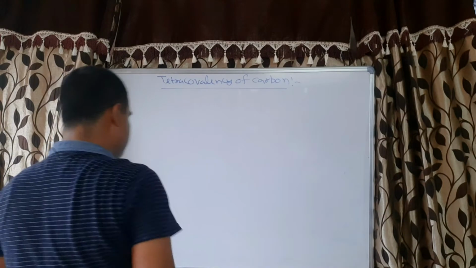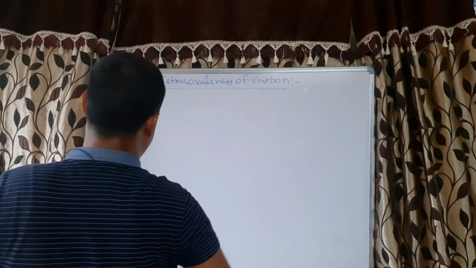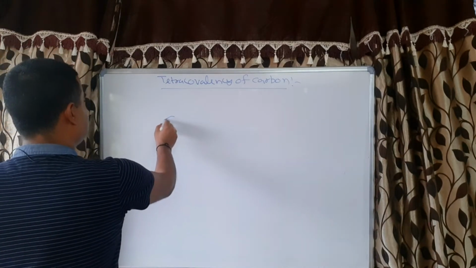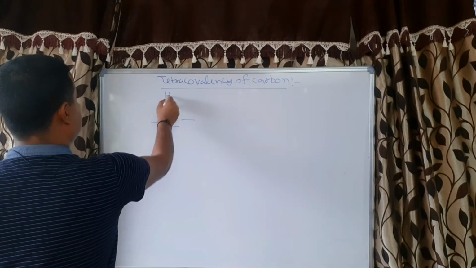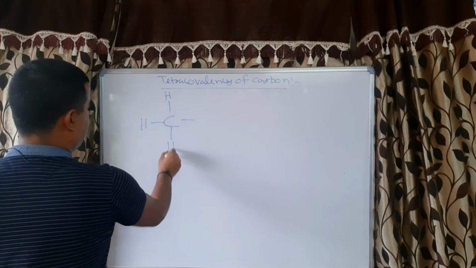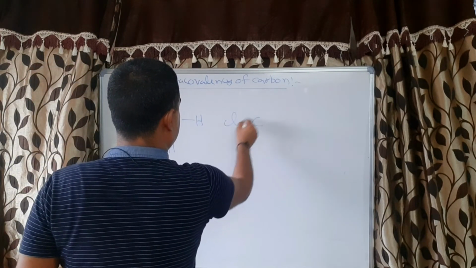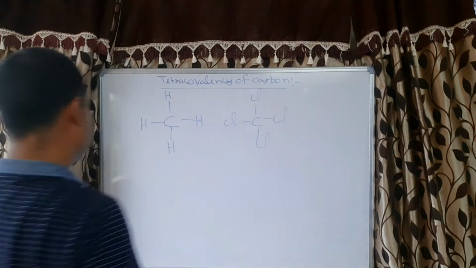Now what will be the structure of CH4 and CCl4? Earlier, when nobody knew the spatial arrangement of the 4 valencies of carbon, scientists thought this was the structure of CH4 and this was the structure of CCl4.